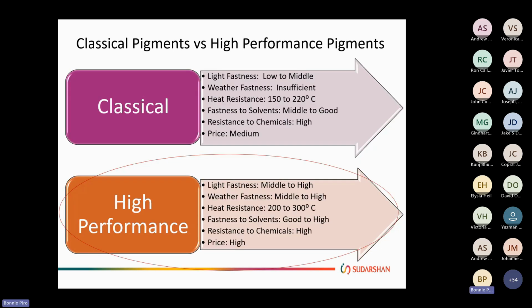They are high performance pigments, which means from a technical property perspective, they offer your formulation high light and weather fastness, high heat resistance, as well as very good fastness to solvents and other chemicals. Those are the technical properties that come along with the high performance label for these particular chemistry pigments.